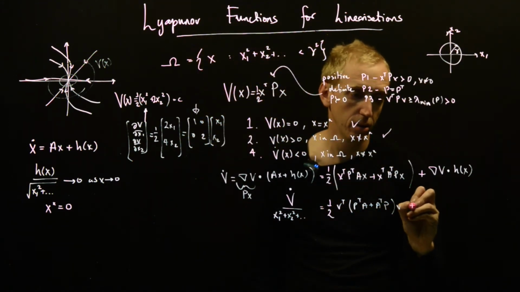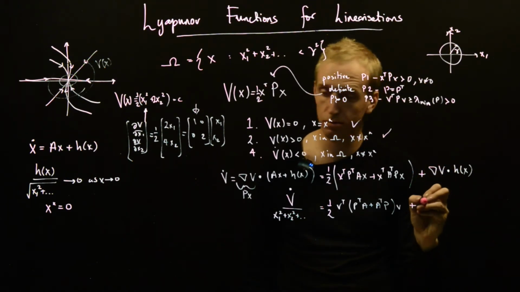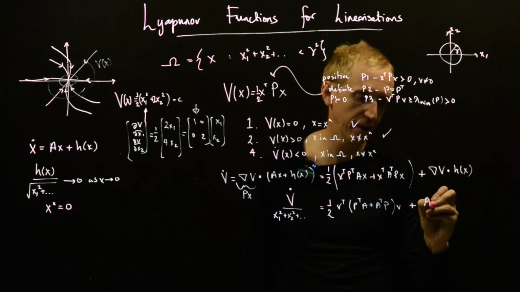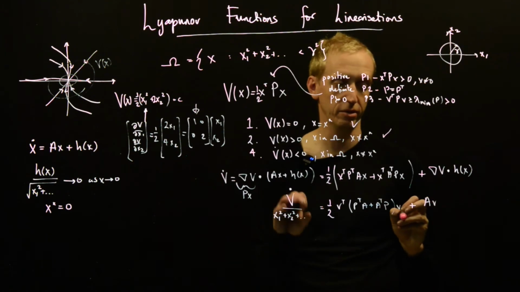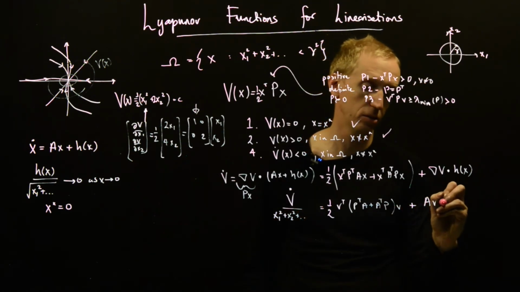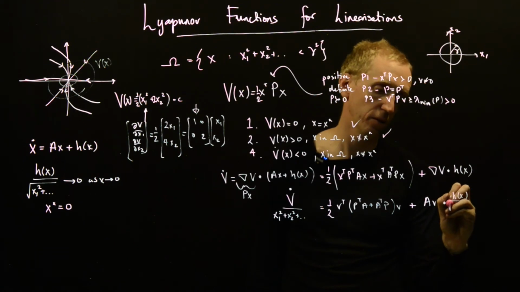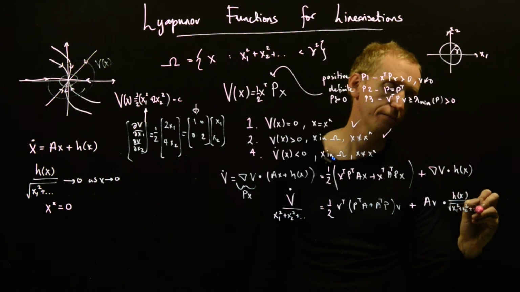Fine. And then here I've got grad v, which is now A times our unit vector, and then this is dot producted with h of x over x1 squared plus x2 squared and so on.